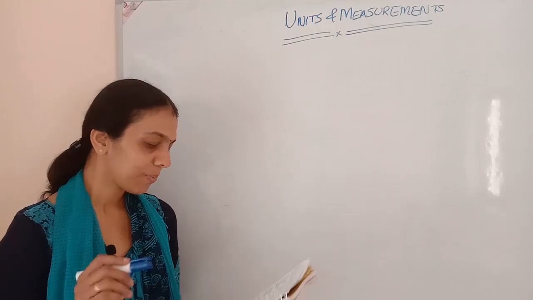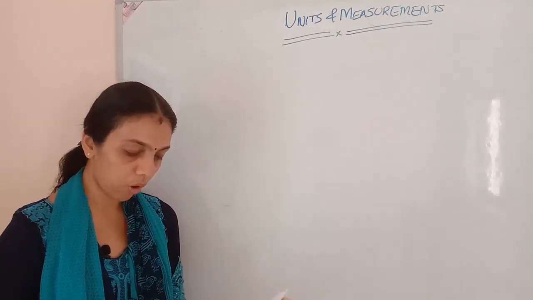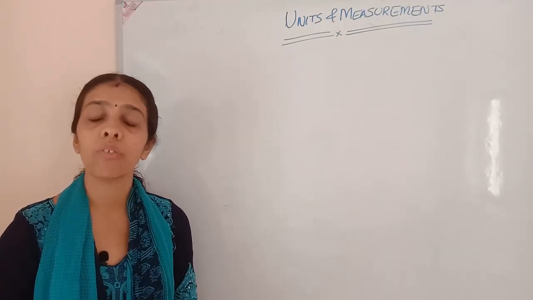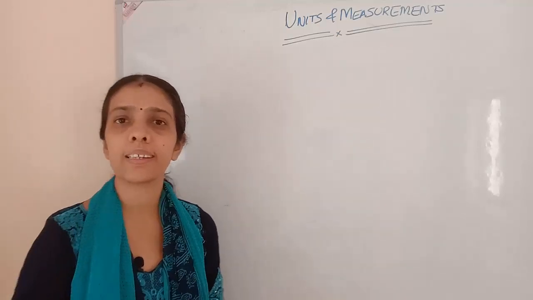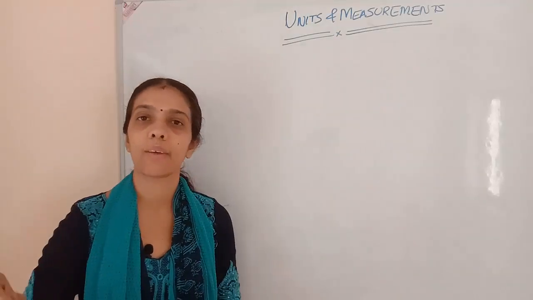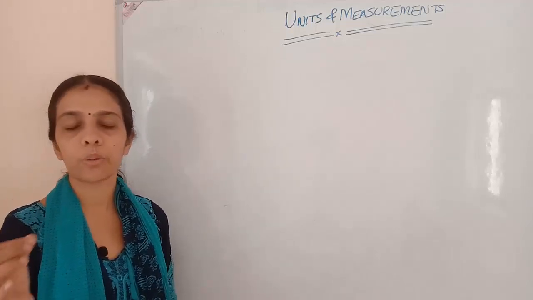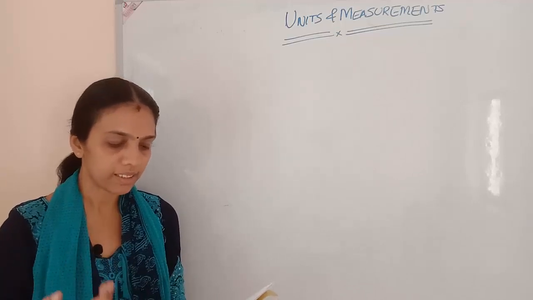So the next question is, light year is the unit of what? Light year is the unit of length. It is the distance which light travels in 1 year. So seeing the word light, don't think of it in another way.